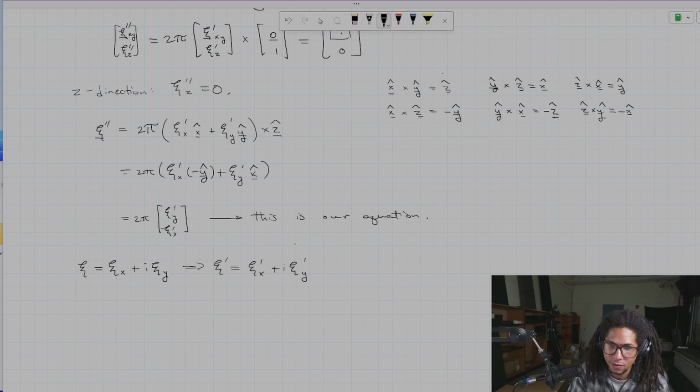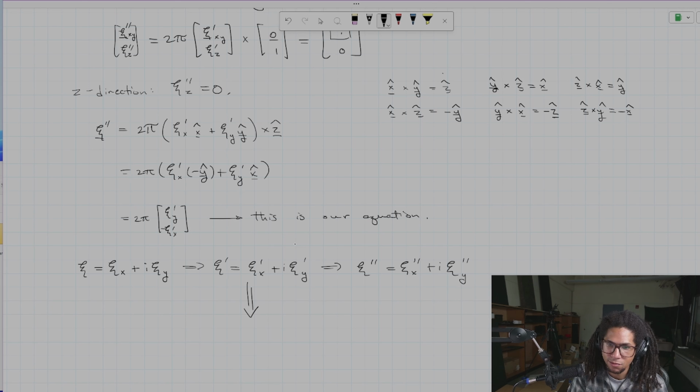All right. What happens if I take a second derivative? Same thing. c double prime is equal to cx double prime plus i cy double prime. Now, I could go that direction. I can also do another thing based on this second equality here. What happens if I multiply by i?